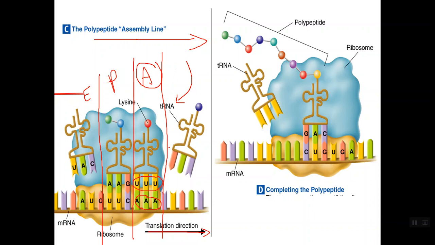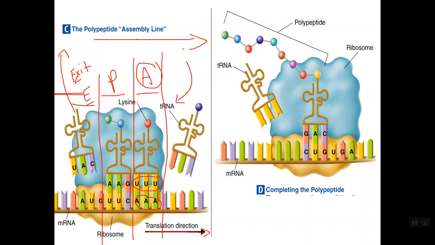A third one comes in, and by this point, all 3 sections are full. So the one that's now on the left leaves, it exits. You can think of E for exit. E for exit. And it goes off and finds a new amino acid to bind to.